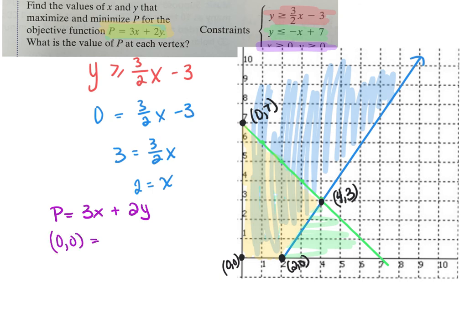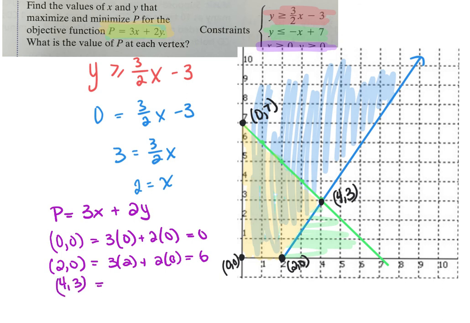Well, that's going to be 3 times 0 plus 2 times 0. I'm going to do it at 2, 0. 3 times 2 plus 2 times 0. Everybody see what we're doing here? I'm going to do it at 4, 3. 3 times 4 plus 2 times 3. Right? And then I'm going to do it at 0, 7. 3 times 0 plus 2 times 7. All right?